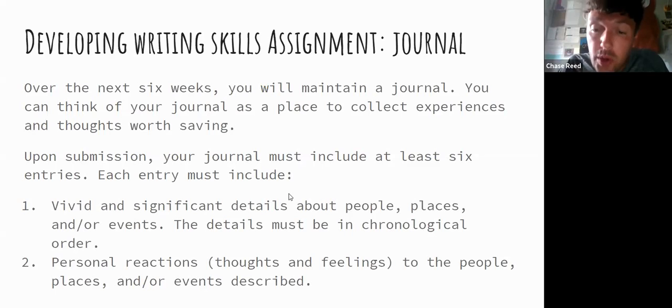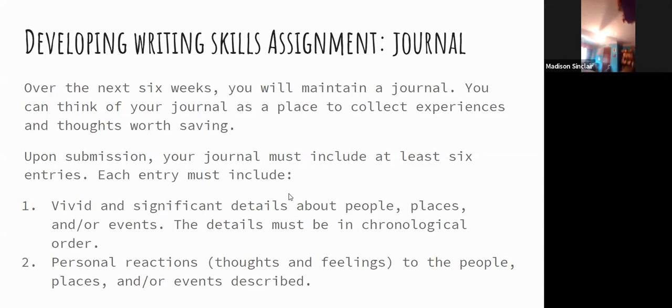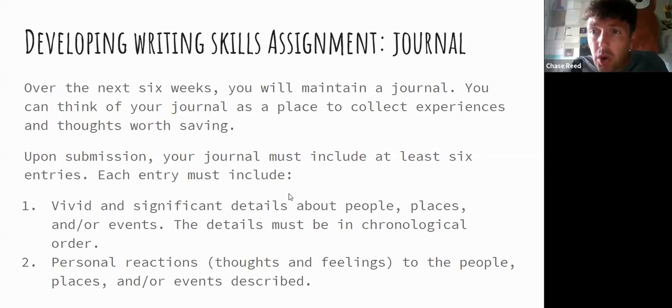What does chronological order mean, Madison? In order of the events that take place. Time order. Number 2 is your personal response to those. So these are your thoughts and feelings about the people, places, and events that you describe. Do you have any questions about that particular part?